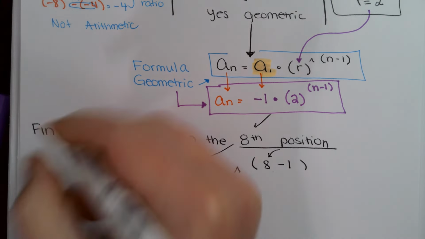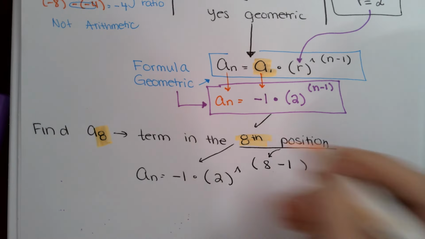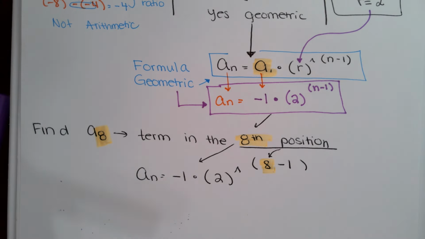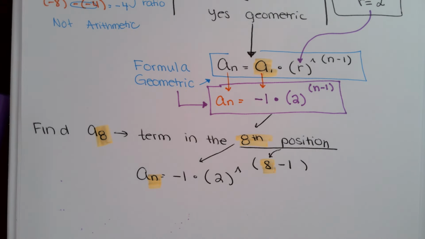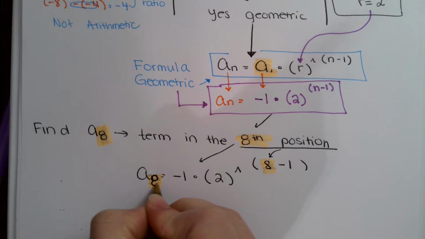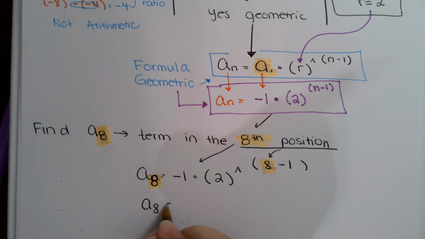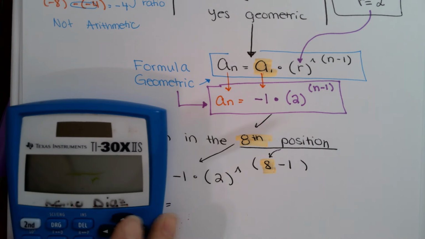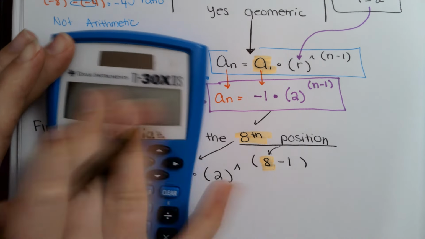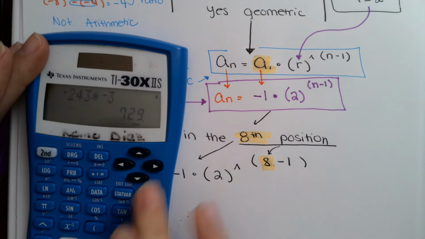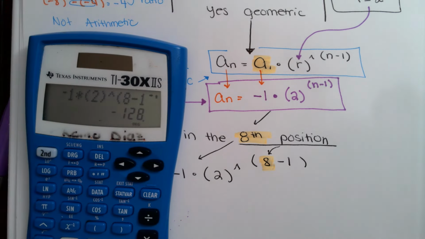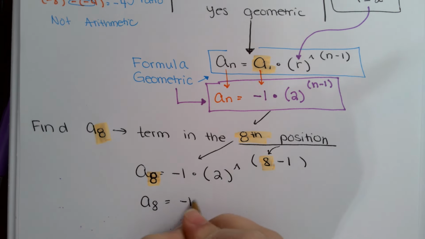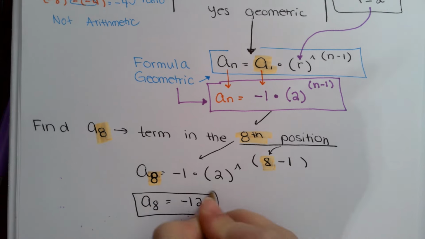So a sub 8 means 8 is your position. So you're going to replace n with 8, and I'm going to replace this n as well. So the term in the 8th position is, pick up a calculator. Let's erase that r. -1 times open 2, close it, caret, open 8 minus 1, close it, equal, is -128. Let's write that in.